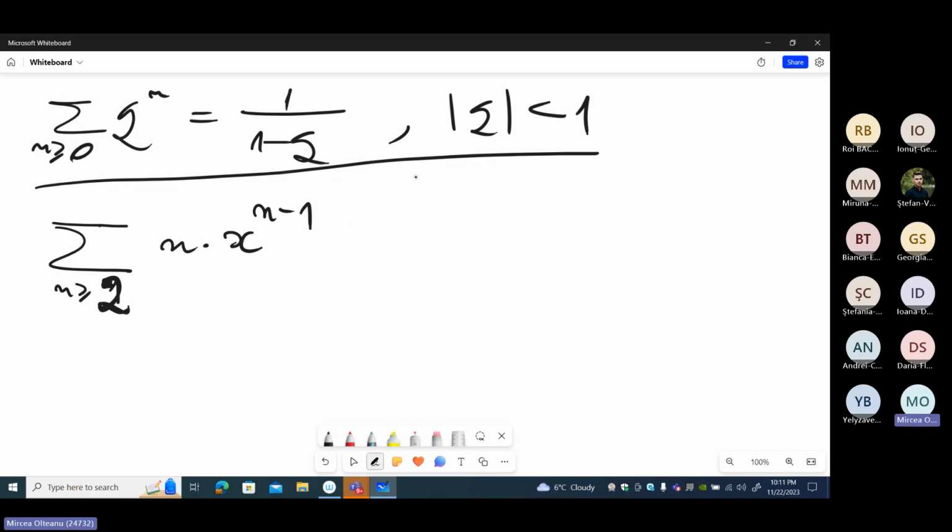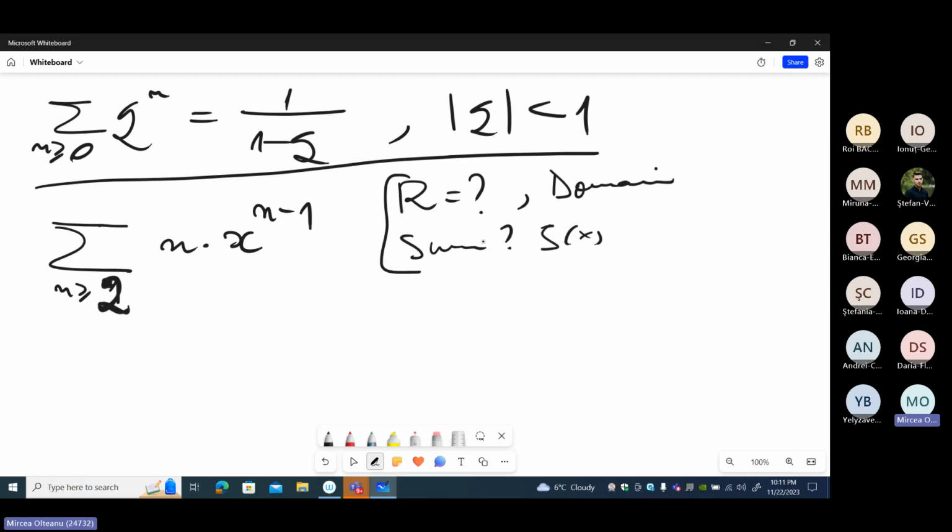So consider this power series, and the questions are: compute the radius of convergence, find the domain of convergence, and compute the sum of the series, the function S(x), which is the sum of this power series.